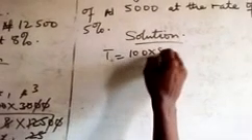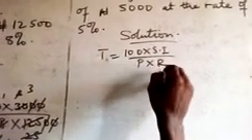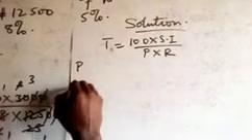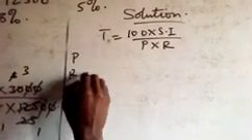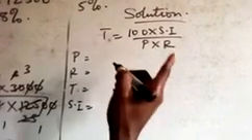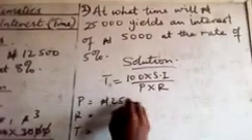Solution. The question says, at what time will ₦25,000 yield an interest of ₦5,000 at the rate of 5%? Formula: time equals 100 times simple interest over principal times rate. Okay, principal, rate, time, simple interest. The principal here is ₦25,000.